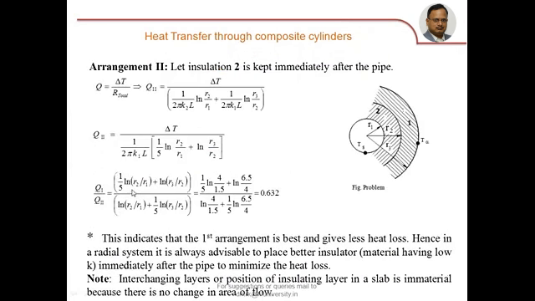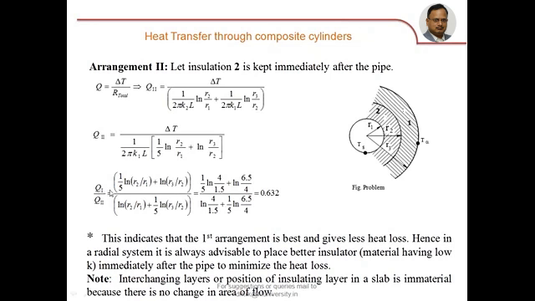You will get 1 by 5 log R2 by R1 plus log R3 by R2, because this is in the denominator, it goes up, divided by log R2 by R1 plus 1 by 5 times log R3 by R2. This ratio is 0.632, which indicates that Q2 is greater than Q1.